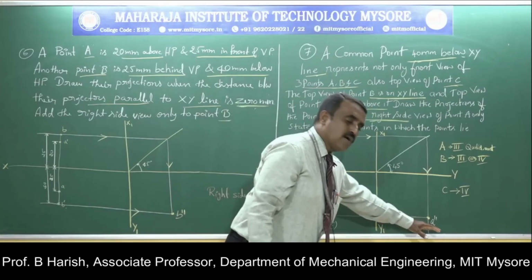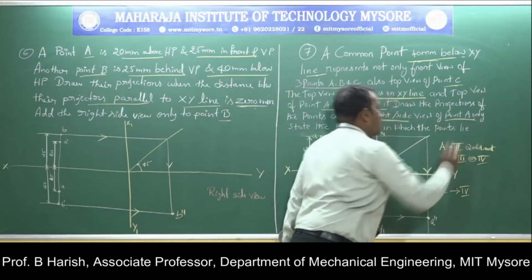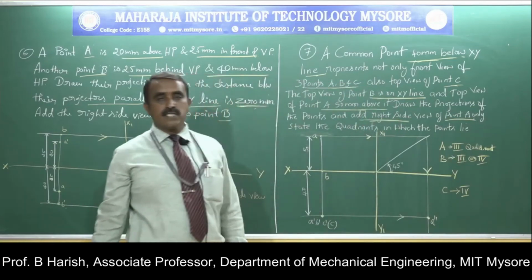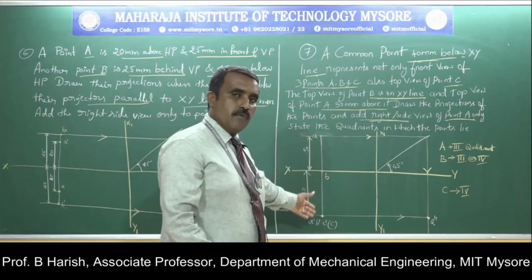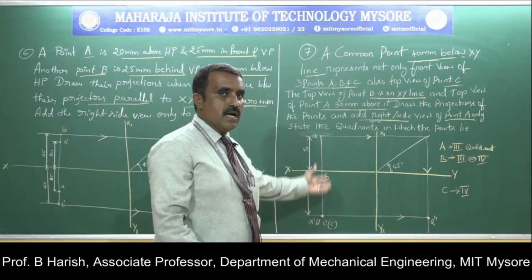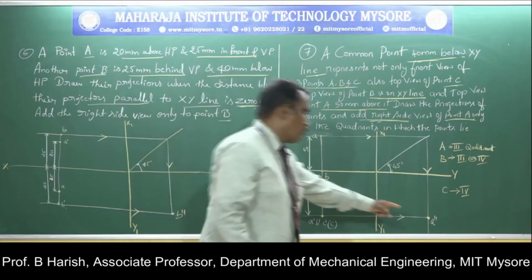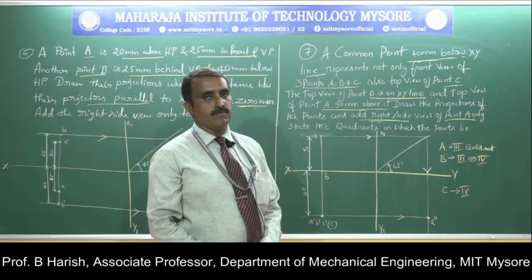So you'll get the profile view for point A only. That is what is given in the problem. So I have drawn the projections of points A, B and C: top and front view for all the 3 points, and the profile view for point A only, as per the conditions given in the problem.